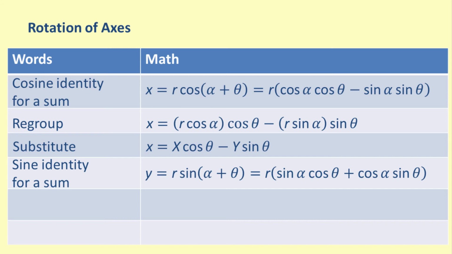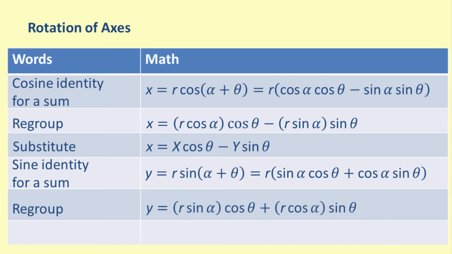Next, eliminate parentheses and group r with the alpha terms. So, y equals the quantity r times sine of alpha times cosine of theta, plus the quantity r times cosine of alpha times sine of theta. Then, substitute according to the relationships as before to get y equals capital Y times cosine of theta plus capital X times sine of theta.